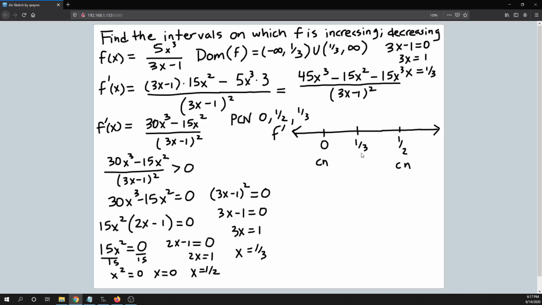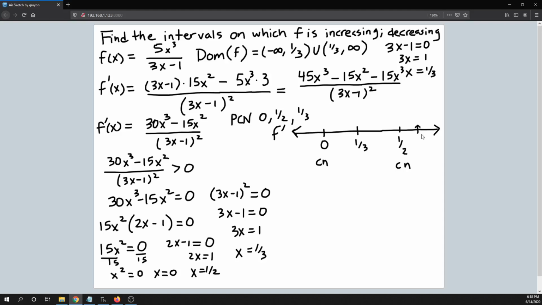Okay, all right. And so what we can see now is that those possible critical numbers divide the number line up into 4 pieces: this piece here, this piece in between 0 and 1/3, this piece in between 1/3 and 1/2, and this piece over here to the right of 1/2. So I need to pick test numbers on each of these pieces.